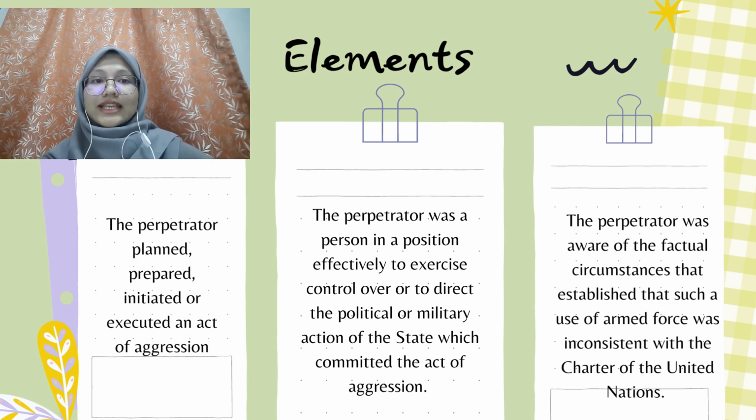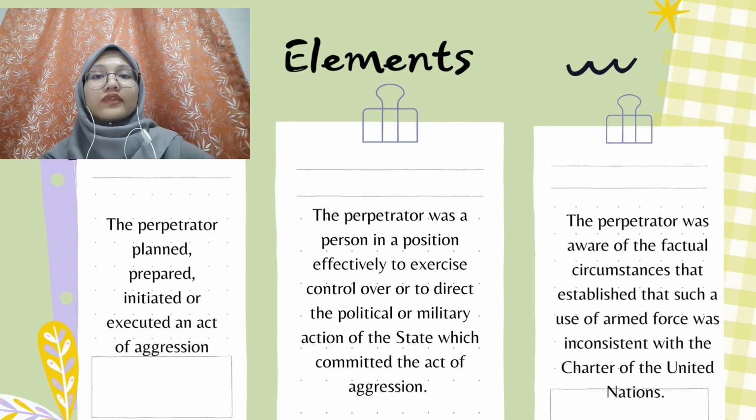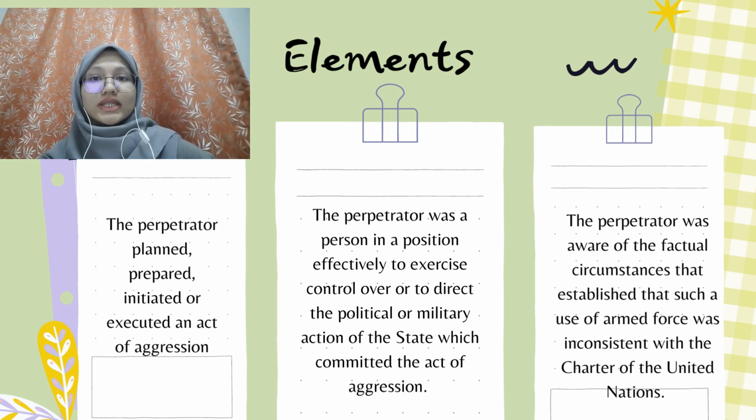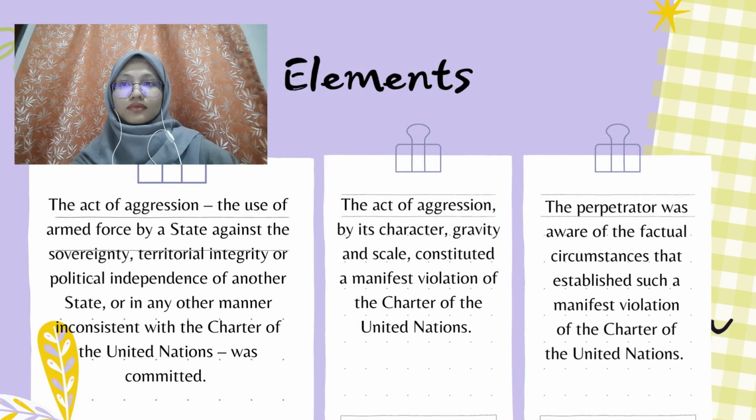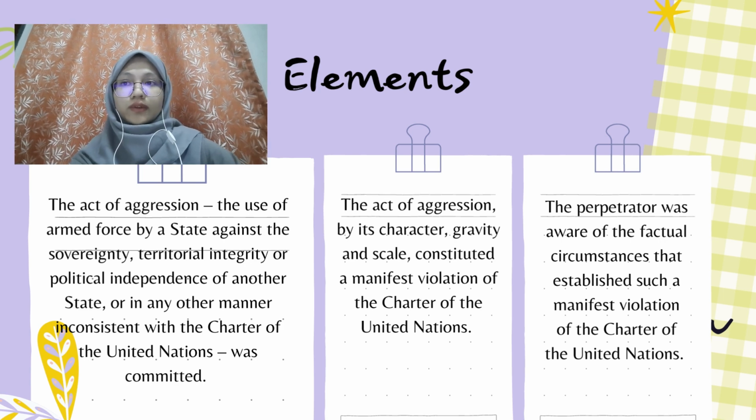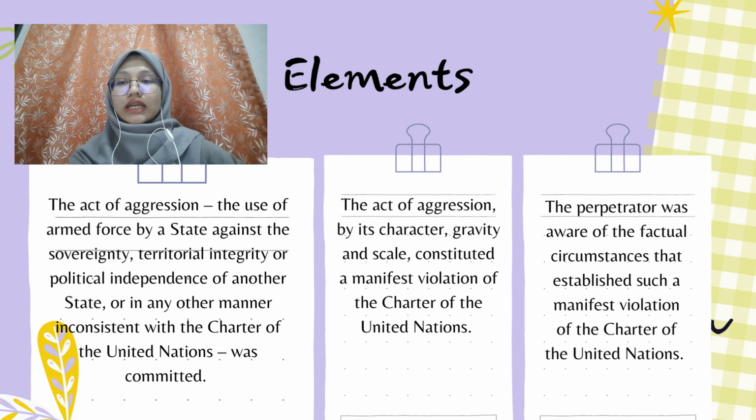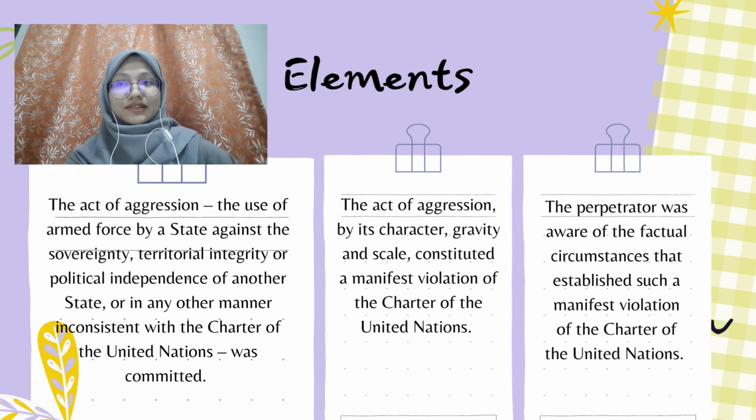The third is that the perpetrator was aware of the factual circumstances that established that such a use of armed force was inconsistent with the Charter of the United Nations. For the fourth, the act of aggression, the use of armed force by a state against the sovereignty, territorial integrity, or political independence of another state, or in any other manner inconsistent with the Charter of the United Nations, was committed.